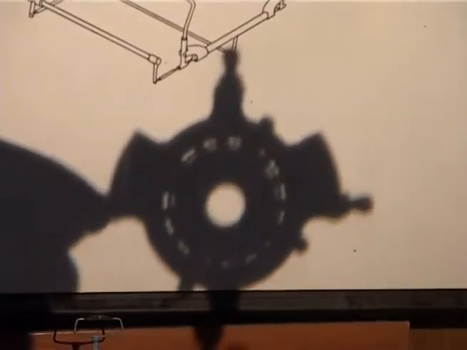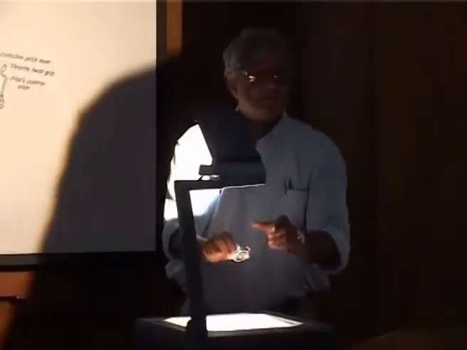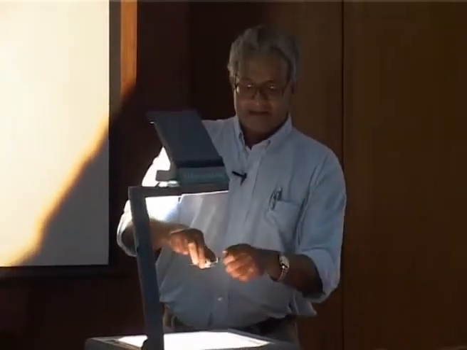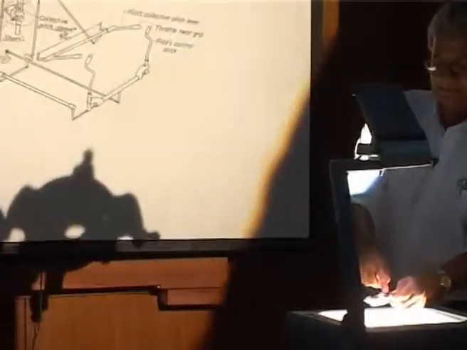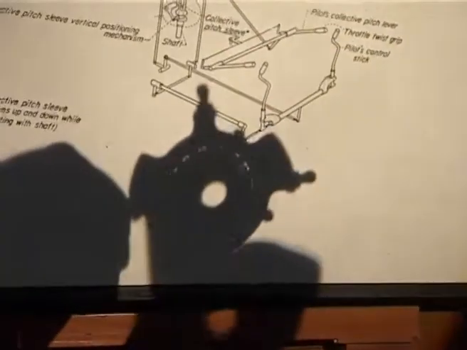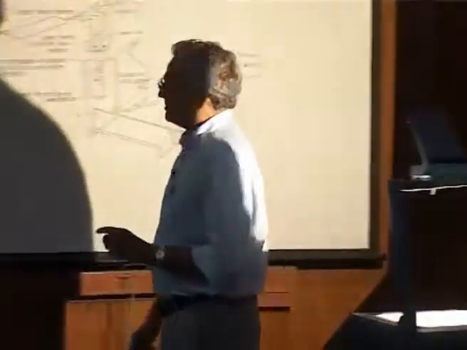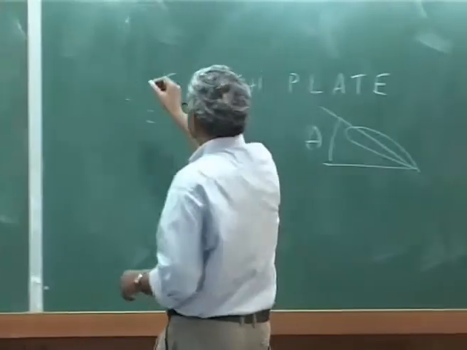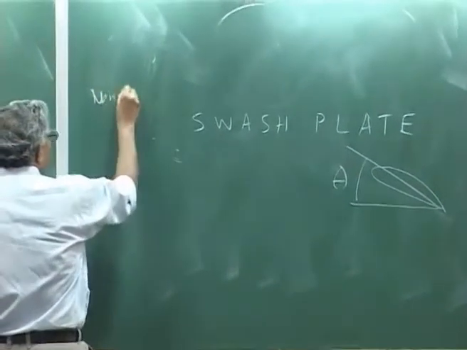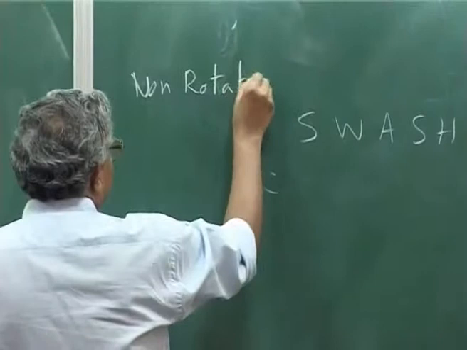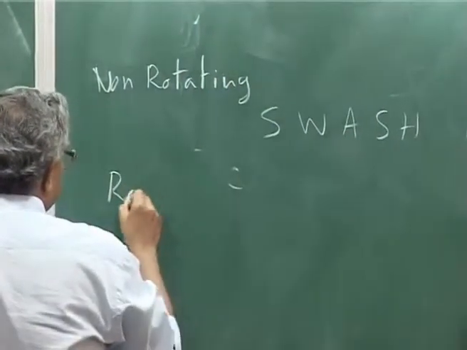From the outer one, the control rods go to the pilot, that is non-rotating, and the inner one goes to the blade. So, depending on how many blades you have, you will have a non-rotating part and a rotating part.